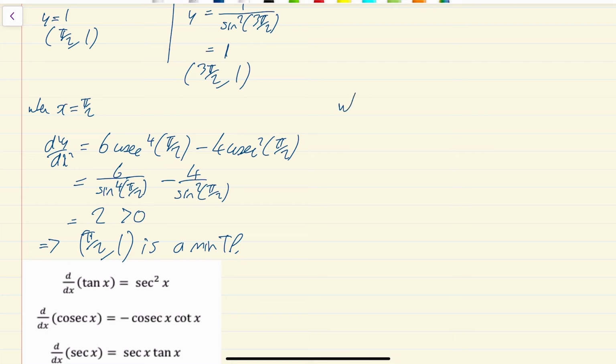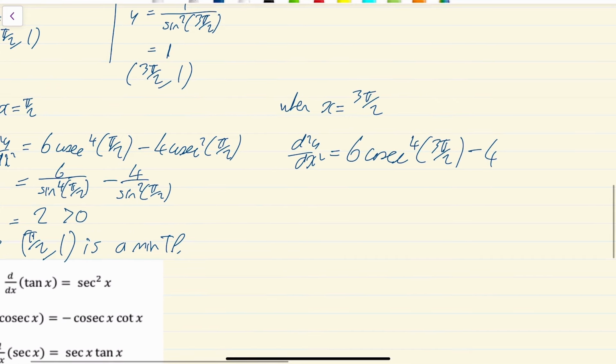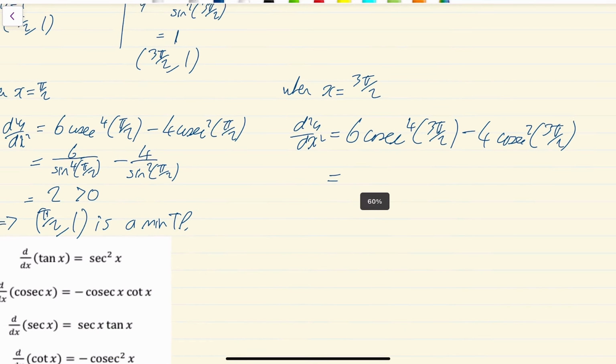And the other thing, say when x is equal to 3 pi over 2, your d2y by dx squared is going to be equal to, so it's the same thing, 6 cosec to the power of 4 of 3 pi over 2 minus 4 cosec squared of 3 pi over 2. And again, go in and delete that. I'll not have to show the working out this time.